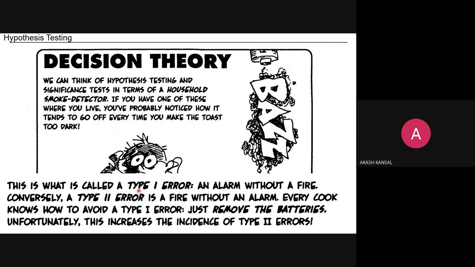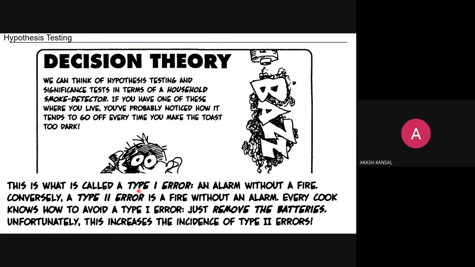Now, there are two types of error. If you consider the scenario in which fire is happening or not happening, and the alarm is ringing or not ringing, then there we have two types of error. Either everything is fine: fire goes on, alarm goes on, that is okay. Fire is not there, alarm is not there, that is also okay.